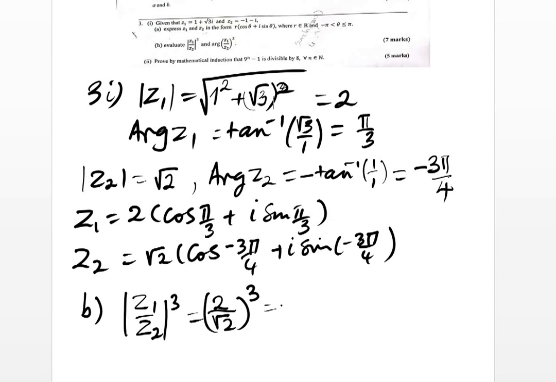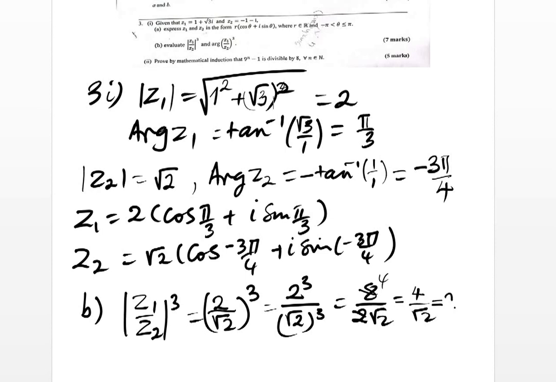All cubed will give us 2 cubed over root 2 cubed. 2 cubed is 8. Root 2 cubed is 2 root 2, since root 2 times root 2 is 2. So we have 8 over 2 root 2, which is 4 over root 2, which can still be written as 2 root 2 by rationalizing the denominator.